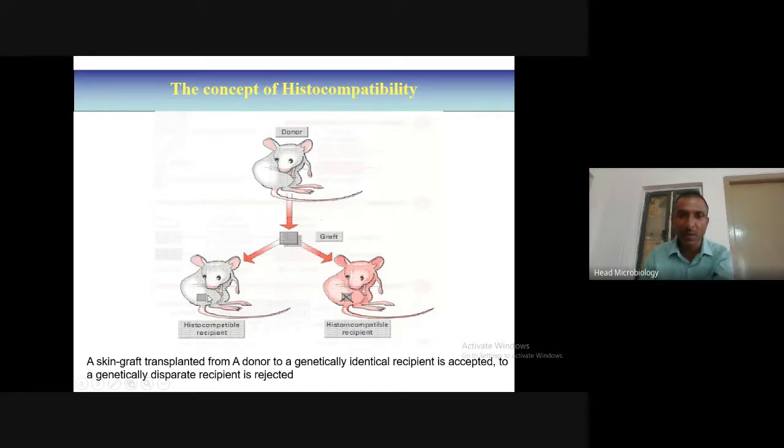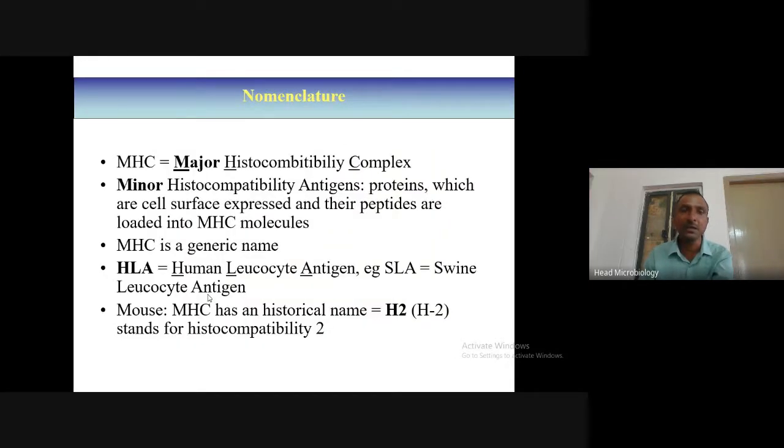For example, if we are suffering from dengue or any fever, sometimes our blood cells are transferred to another person.